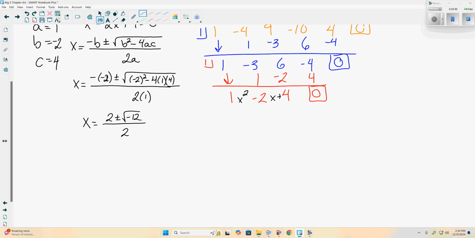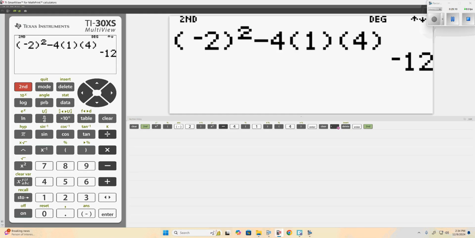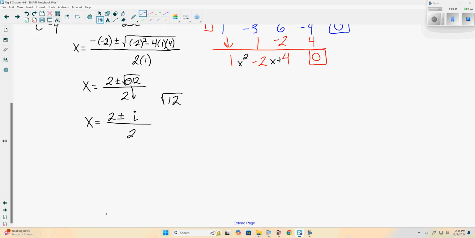Well, even though the calculator cannot take the square root of negative 12, plus or minus 2, we know that the negative is going to come out as what? i, leaving us with the square root of 12. The calculator can take the square root of 12, which is telling us that the square root of negative 12 is 2i square root of 3. So essentially, just take the negative out as i, then simplify the radical.